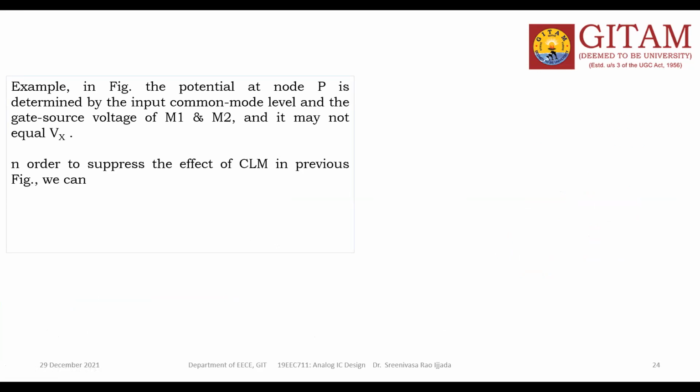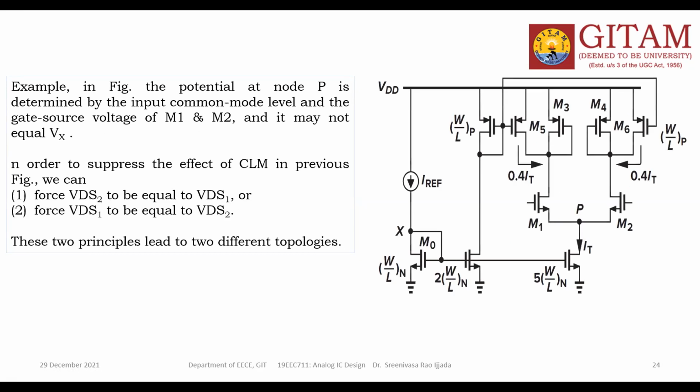In the figure, why is the potential at the node P not equal? This is my picture, the application I have shown earlier: the current mirror concept applied to the differential amplifier.